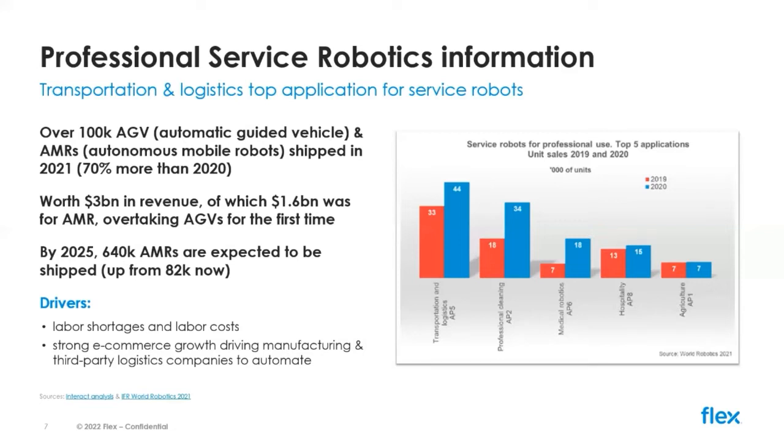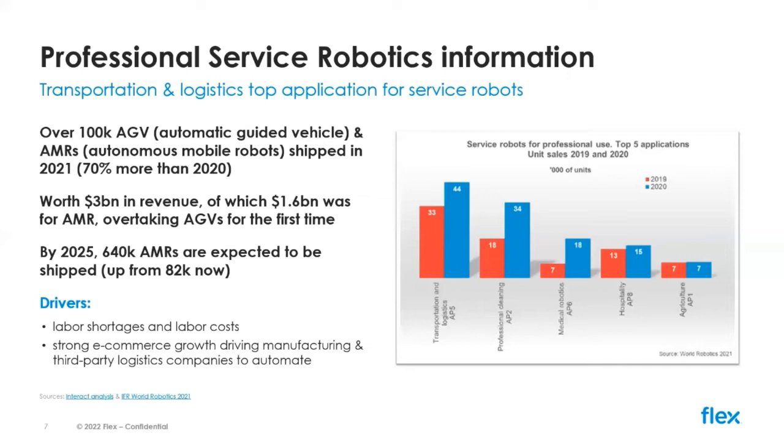By 2025, the forecast is for 640,000 AMRs to be shipped, and that's up from 82,000 in 2021. I should say this is 2021 numbers. So again, huge growth. And what's behind that growth basically is massive labor shortages and increased labor costs.